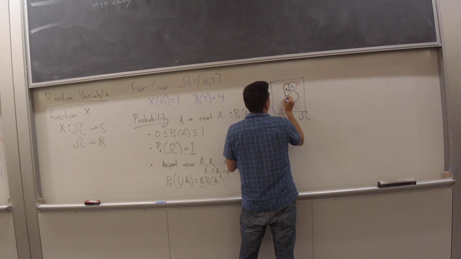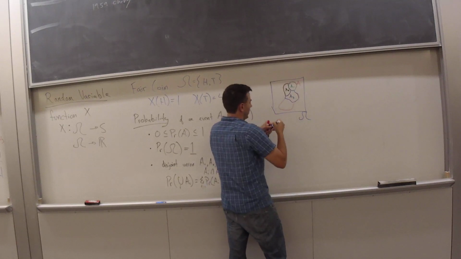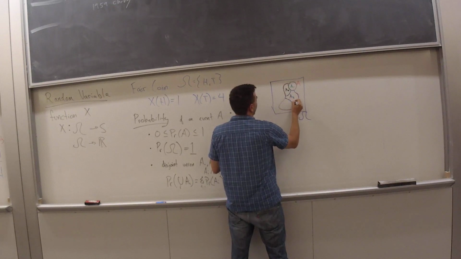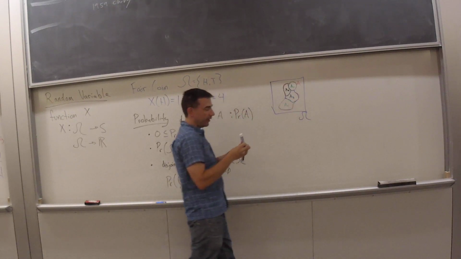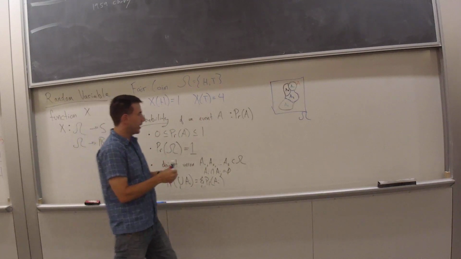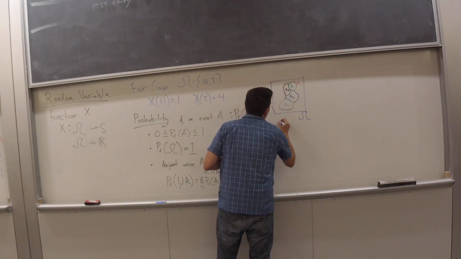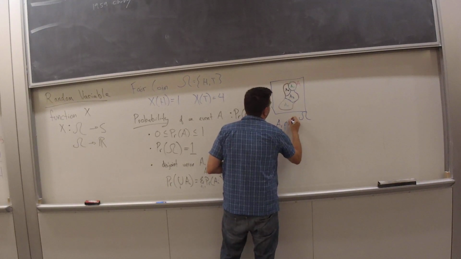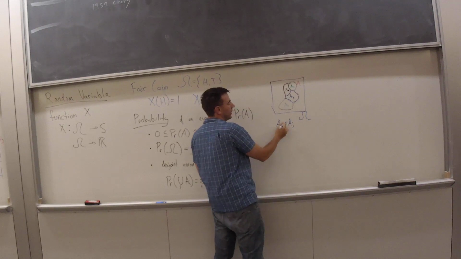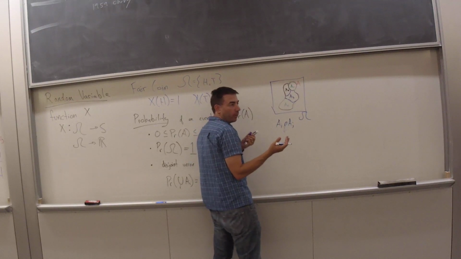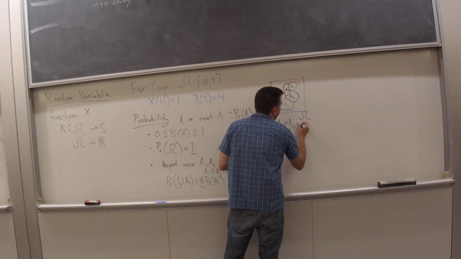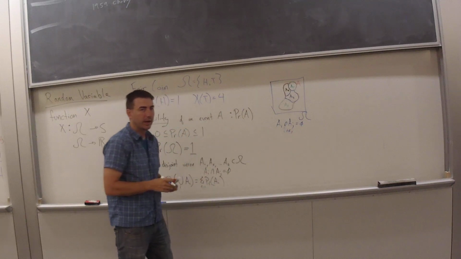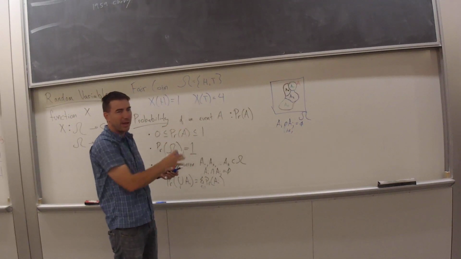This region is A3. And this region down here is A4. So what I know now is that Ai intersection with Aj, for i and j between 1 and 4, is equal to the empty set for i not equal to j. These don't overlap in any way in this space.